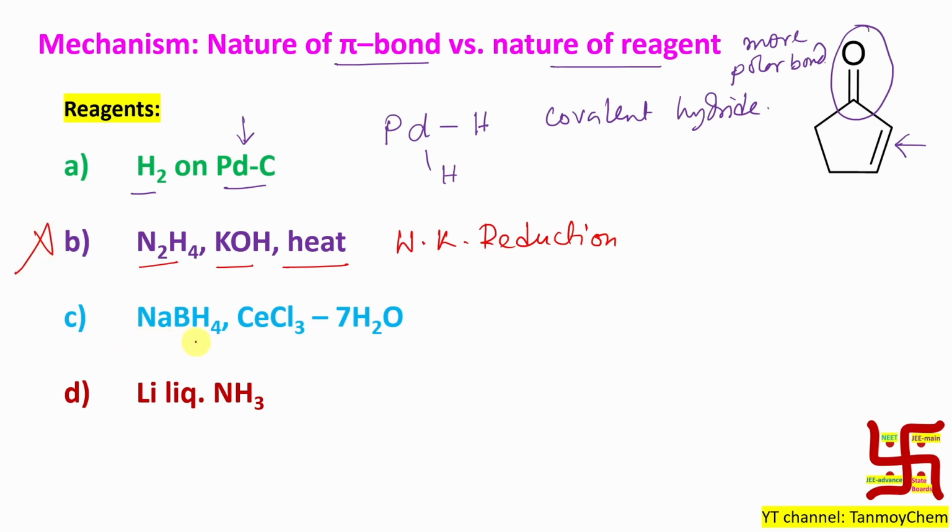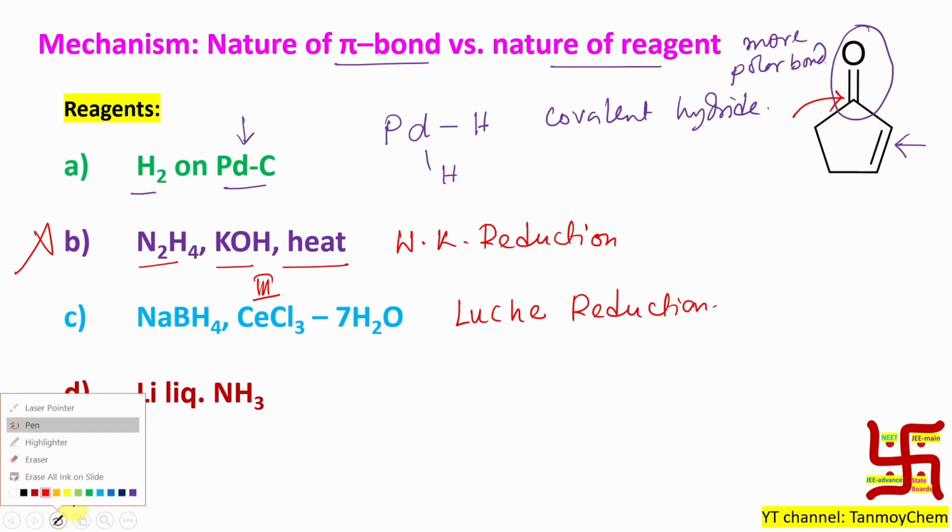Now look at sodium borohydride, cerium 3 chloride. This reagent is actually called the Luche reduction. This is a reaction where the hydride selectively attacks this carbon. Now you may wonder why, because cerium 3 plus coordinates to this carbonyl oxygen.